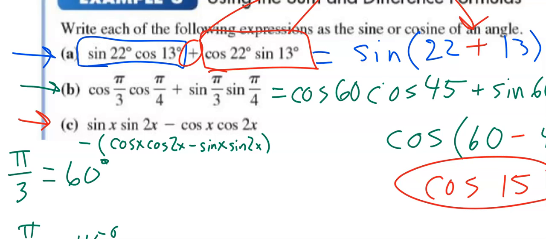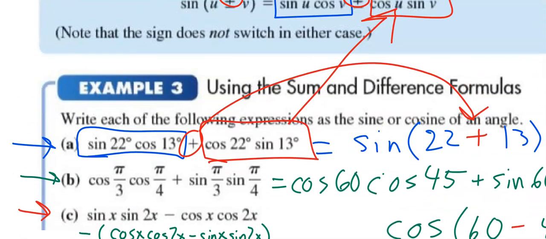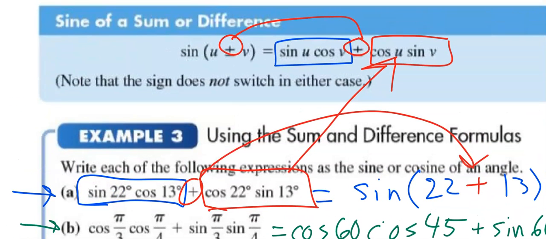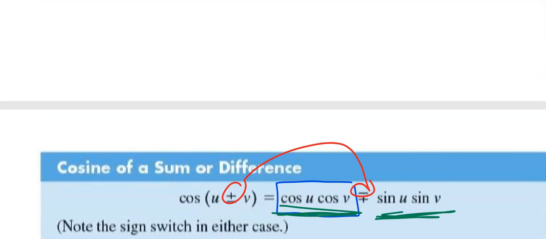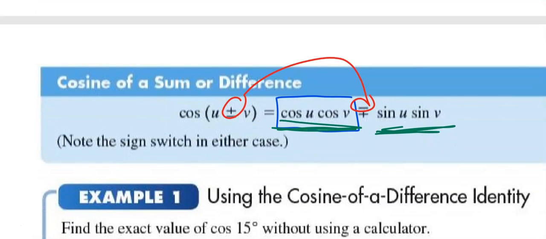Is it easier to tell now whether this is a sine or a cosine? Going back and looking at my notes, does it match that one? Or does it match this one? Well, now it looks like this one, doesn't it? So we know this is based on a cosine.